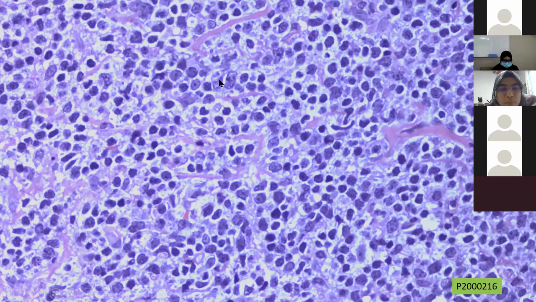If you can appreciate, the size of the cells is small to medium, with some cells quite large, and with prominent nucleoli. Most of the cells have a cleaved or irregular nuclear outline, and the chromatin is more coarse in appearance.